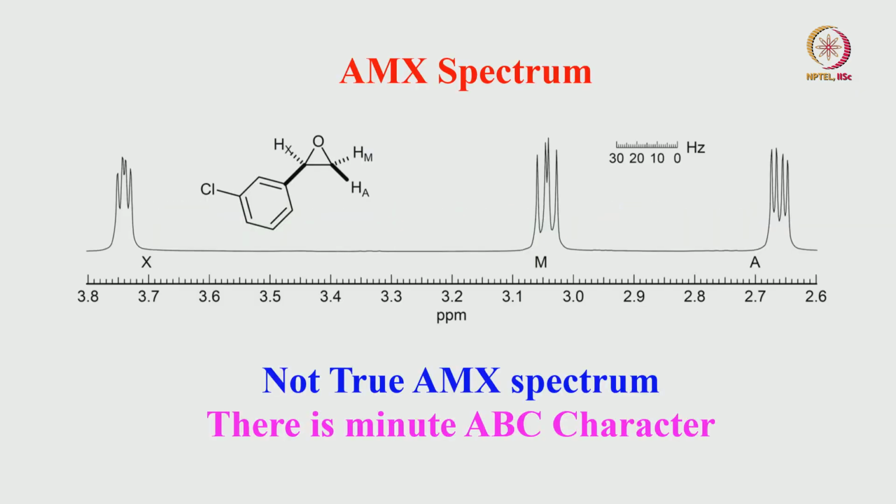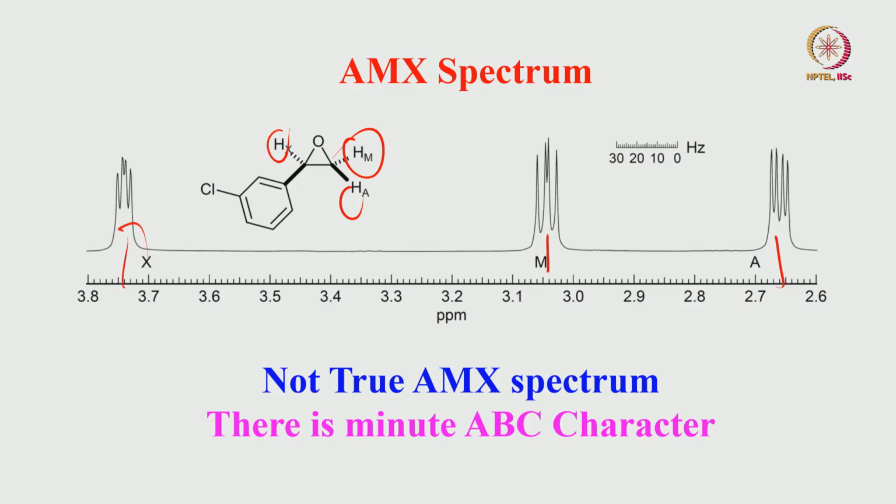Of course, you can come across a situation that appears like AMX, but is not AMX, because there will be a minute ABC character. Look at an example like this. In principle, this and this are the 3 protons. You can see the chemical shifts are very well separated.